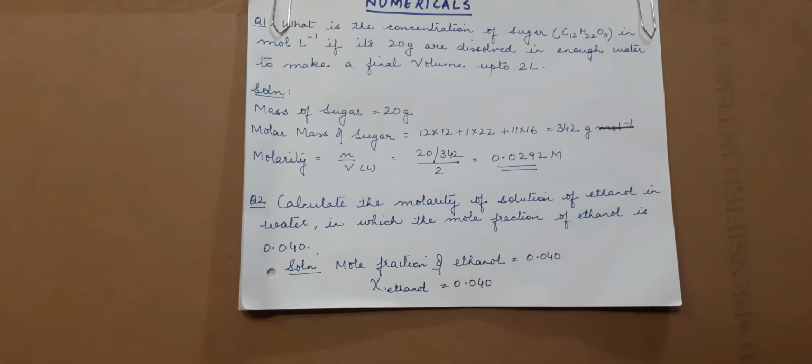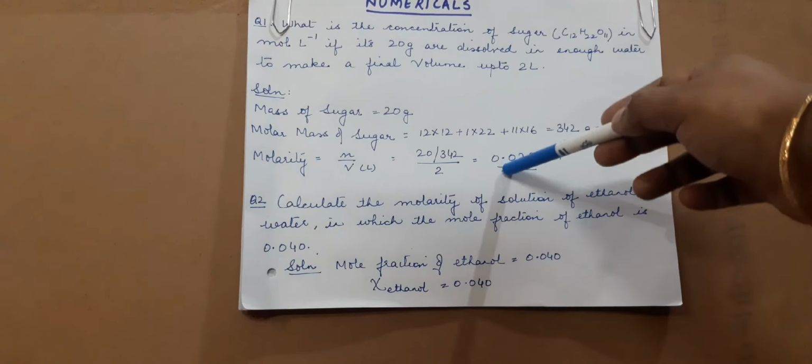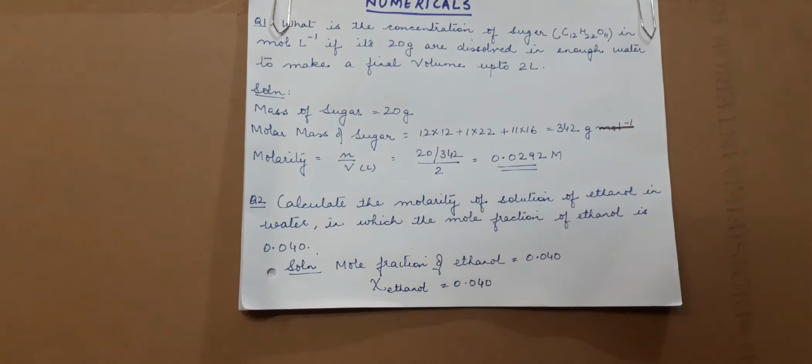So molarity is 20 divided by 342 into 2, that is coming out to be 0.0292 as molarity.